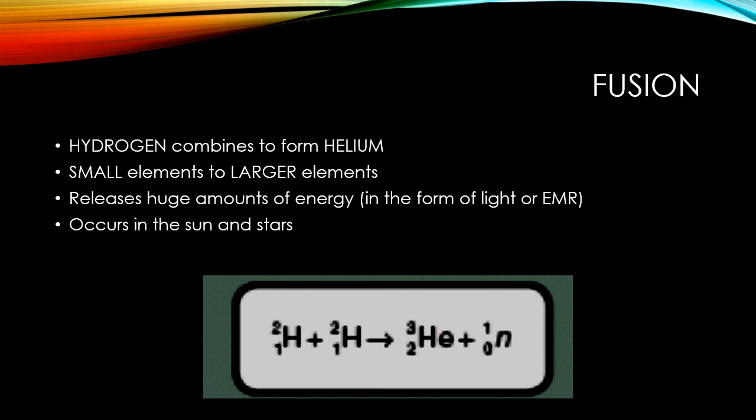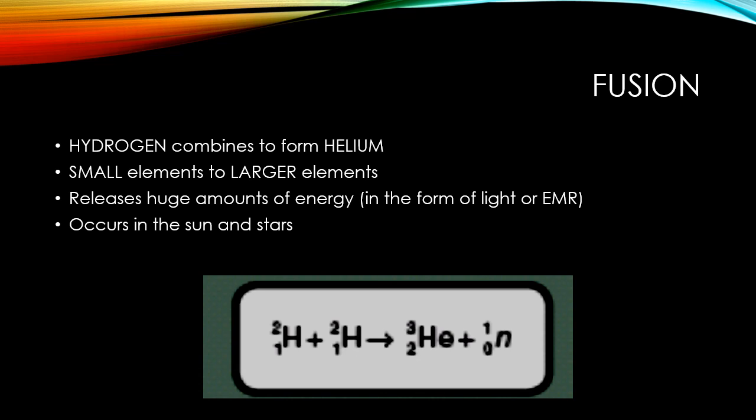Based off of the emission and absorption lines that we were talking about, we know our sun is really made up of a lot of hydrogen and that it is combining with helium. And when we have this reaction with two hydrogens coming together in this fusion reaction, we're making a helium and we are releasing huge amounts of energy.